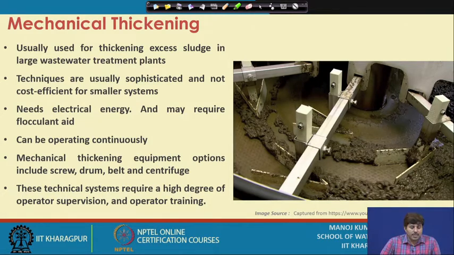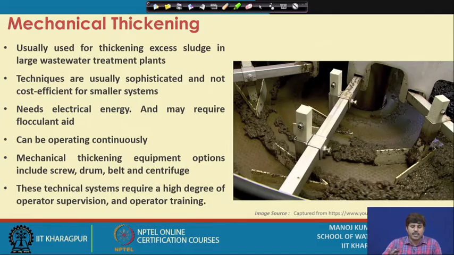Then we have mechanical thickening, which is usually used for thickening of excess sludge in a large wastewater treatment plant. These are techniques usually sophisticated and not very cost efficient, because when we go for mechanical thickening we have to supply energy. So, the energy demand of the sludge thickening step increases.